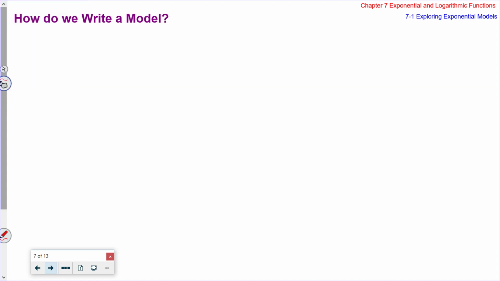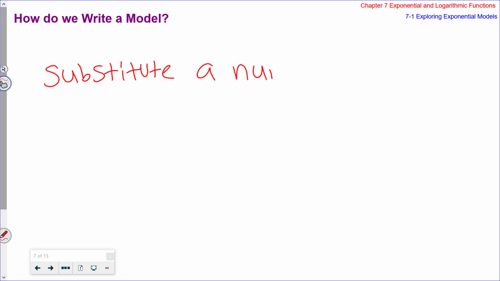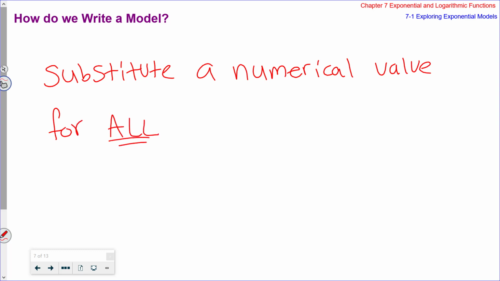In order to write a model, you have to substitute a numerical value for all variables except for what?